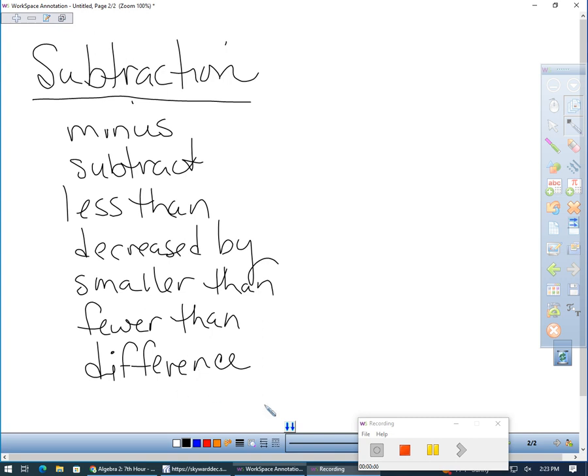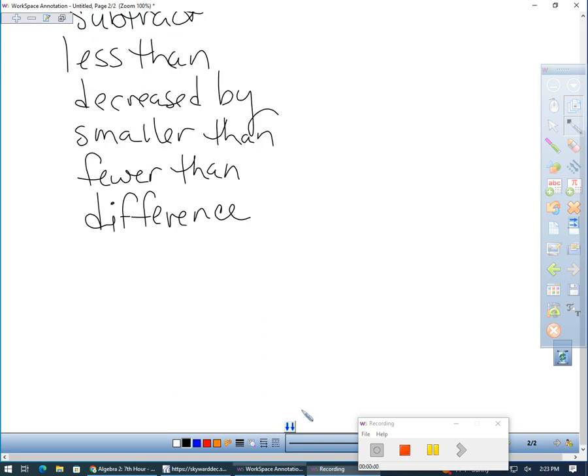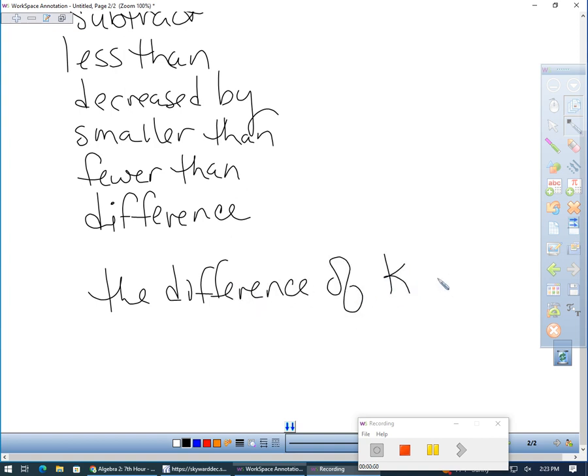All right, so a couple of those real quick. If I were to say the difference of K and 4. Again, because there's not the word than in there, you have to write it in that order. So this would be K minus 4, or subtract 4.